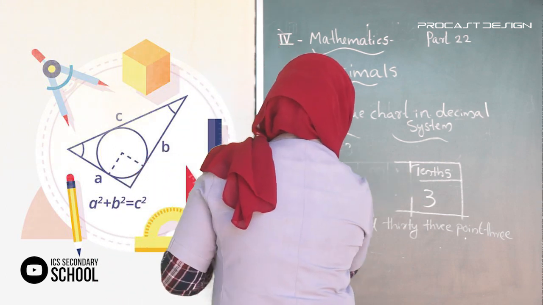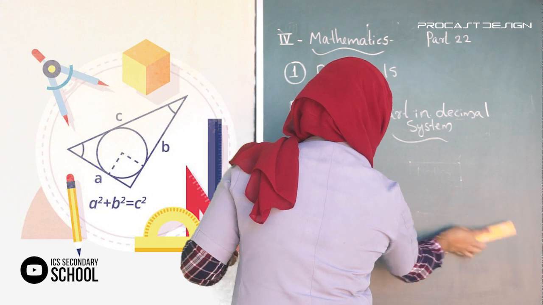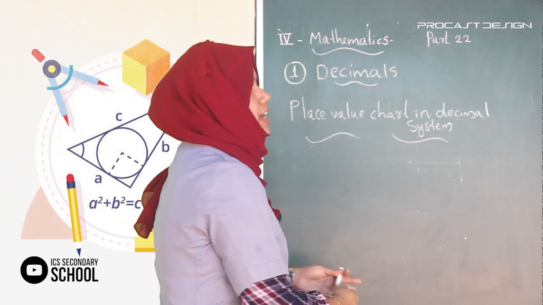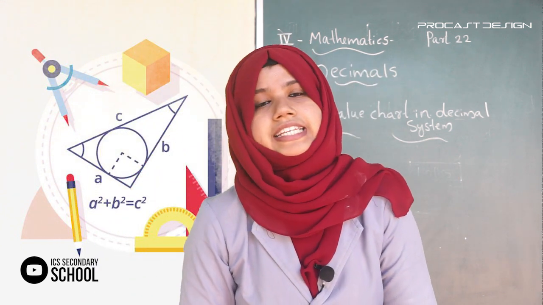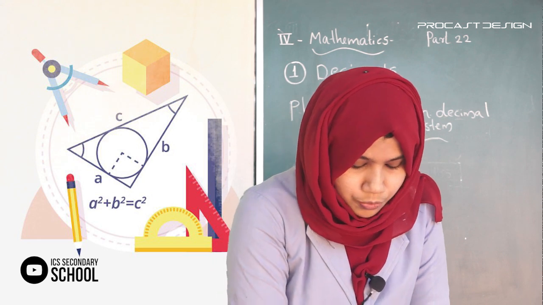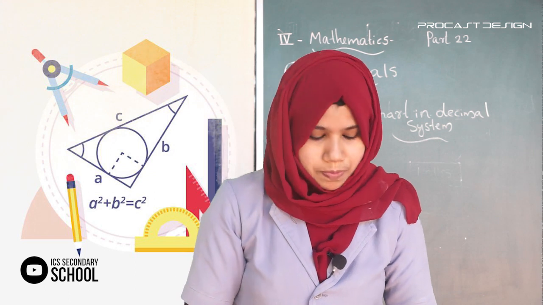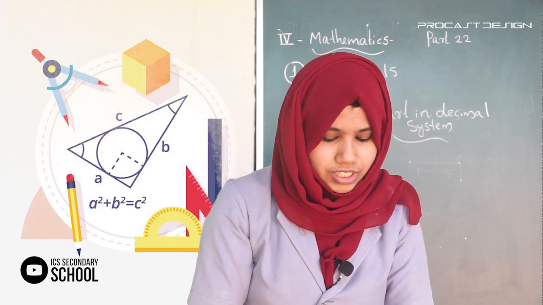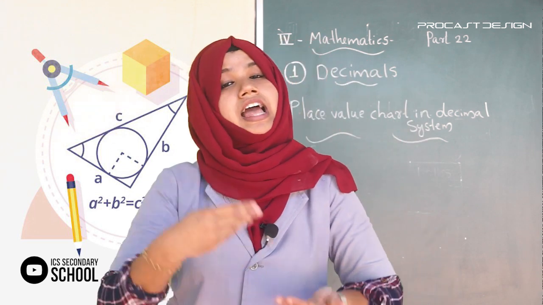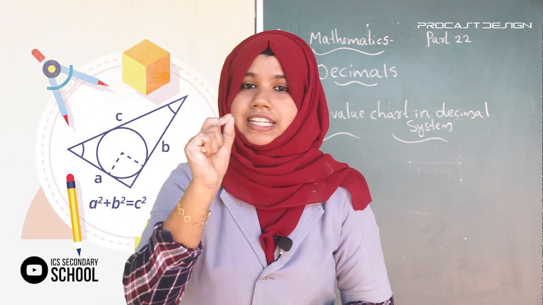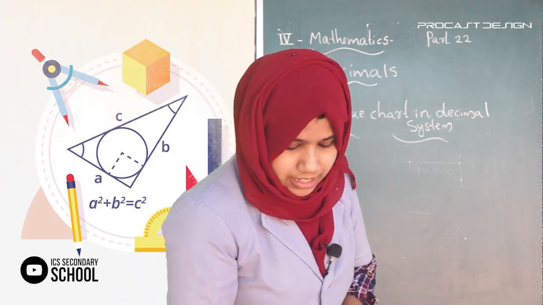So, today we have learned a new place, that is tenths. We can extend the place value chart towards the right beyond the tenths place. The places next to the tenths place are known as hundredths and thousandths, not hundred, it's hundredths. I will give another example.